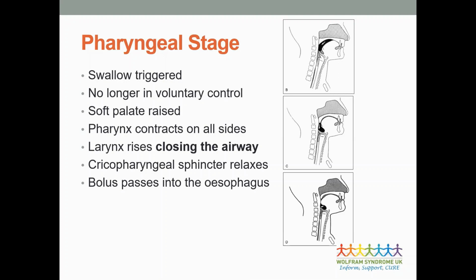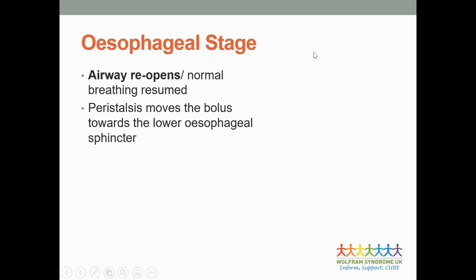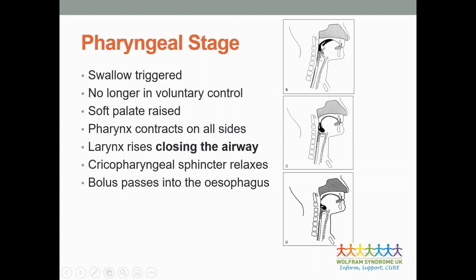So once the swallow is triggered, our soft palate or velum rises up and seals off the nasal cavity from the oral cavity. So this stops any food or drink going up into our nasal cavity and coming down through our nose.